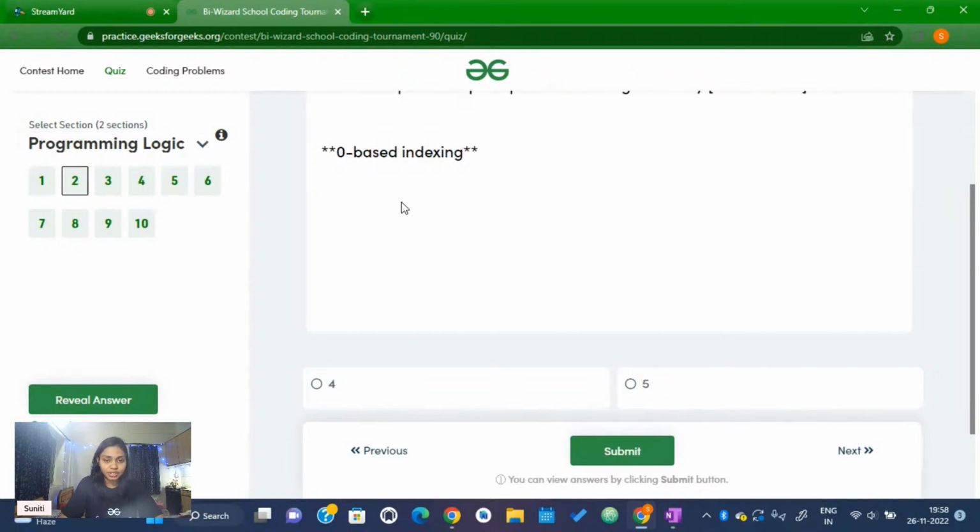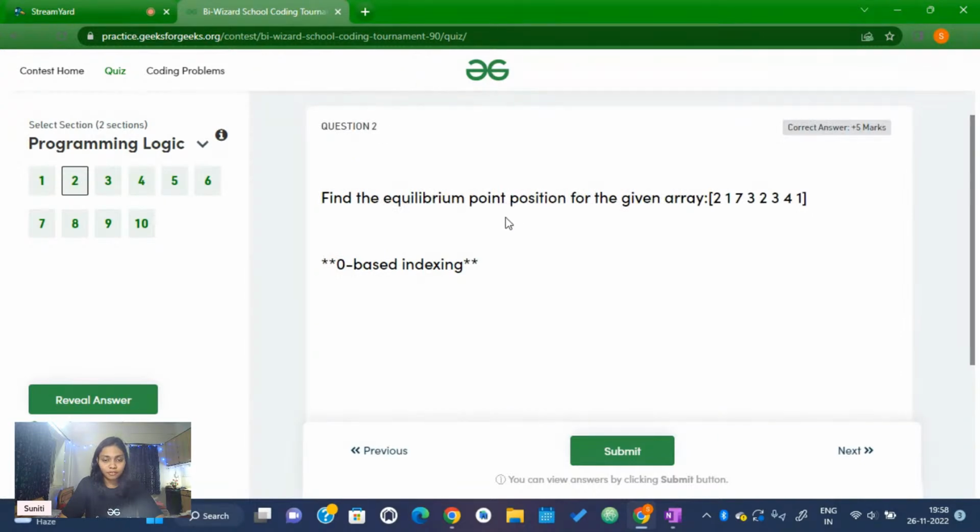Now the next question is, we have to find the equilibrium point position for the given array. What is the equilibrium point position? Equilibrium point position means that before the equilibrium index and after the equilibrium index, the sum of the numbers is going to be the same.